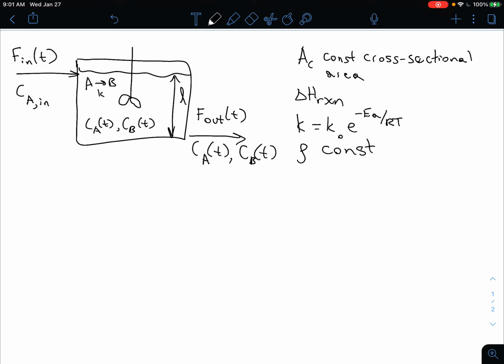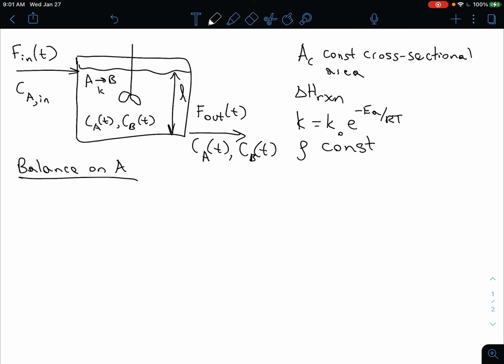So first of all, if we're concentrating on component A, let's start with a balance on component A. And we do our usual balance equation.